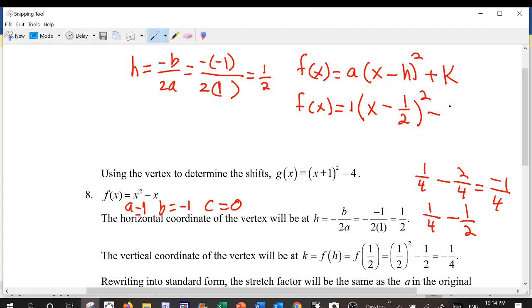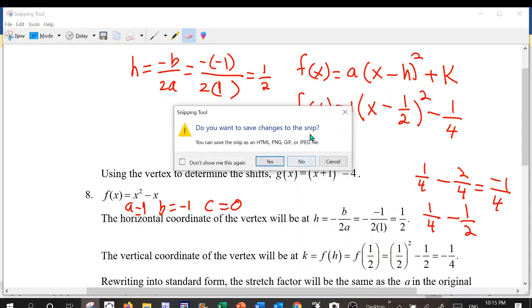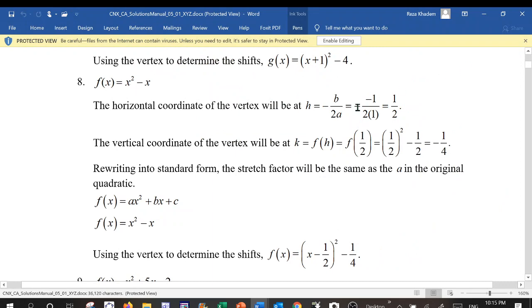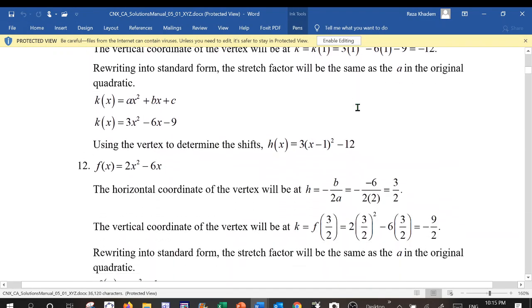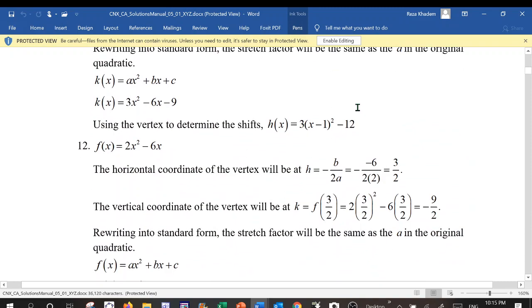So that's negative 1/4. Okay? So that's how you write it. All right, now let's do another one, let's see, one of these.